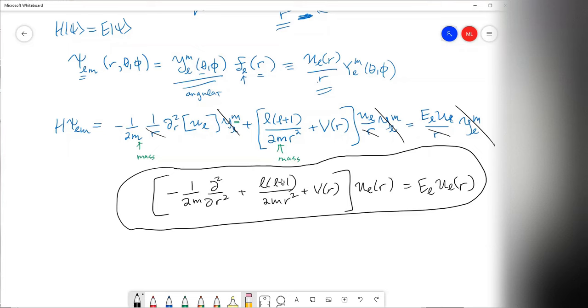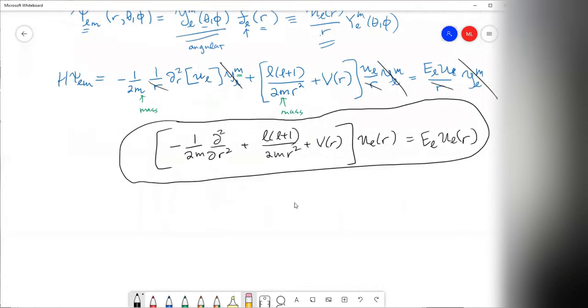You see, for higher angular momentum, this term becomes more important. If you plot this thing, call it an effective potential as a function of r, it blows up at the origin.